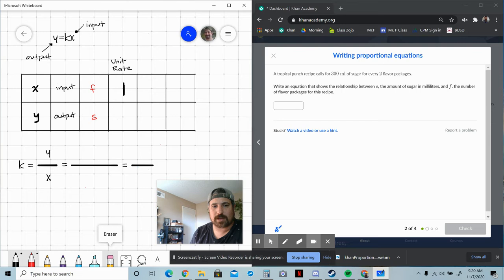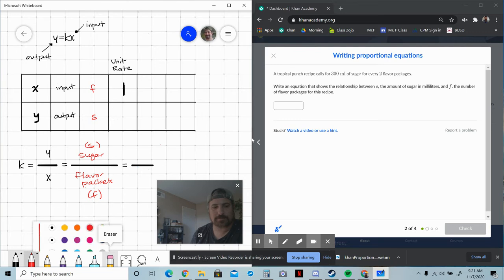So that means that we're going to have the ratio of output to input being the sugar on top in milliliters, right? And the flavor packets on the bottom. Okay. And that would be, of course, just the number of flavor packets, and they call that F. Okay, so the ratio of S over F is going to be your multiplier, your constant of proportionality.